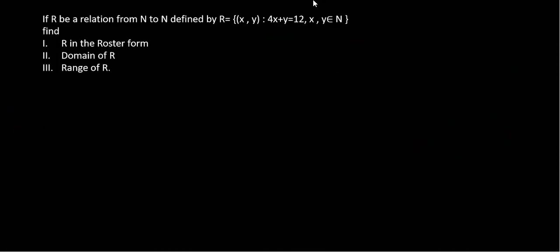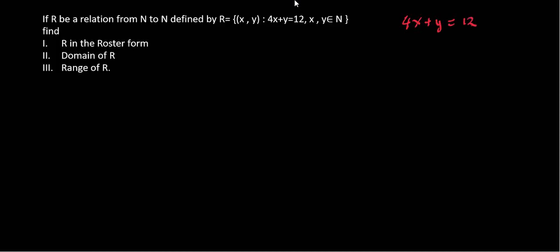Okay, now let's look at this one. If R be a relation from natural numbers defined by x, y, then the equation that you've been given is 4x plus y equals 12, right?